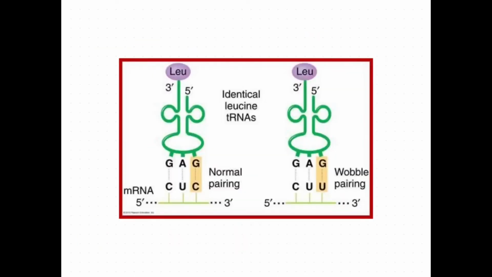Now, the interaction between the codon in mRNA and the anticodon in tRNA, this is anticodon and this is codon, actually helps in protein synthesis. The tRNA molecule usually accepts only one specific amino acid.